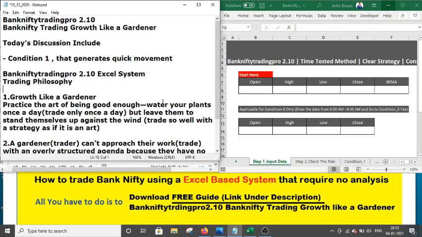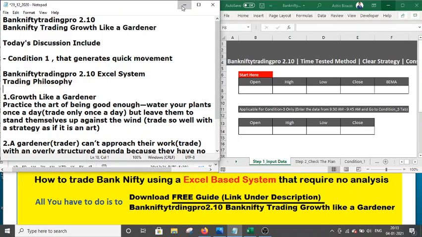That means when we trade Bank Nifty, the market conditions are like weather, ever-changing things. So we cannot approach trading with a very stringent, not-so-flexible set of rules. Our trading plan should be flexible.